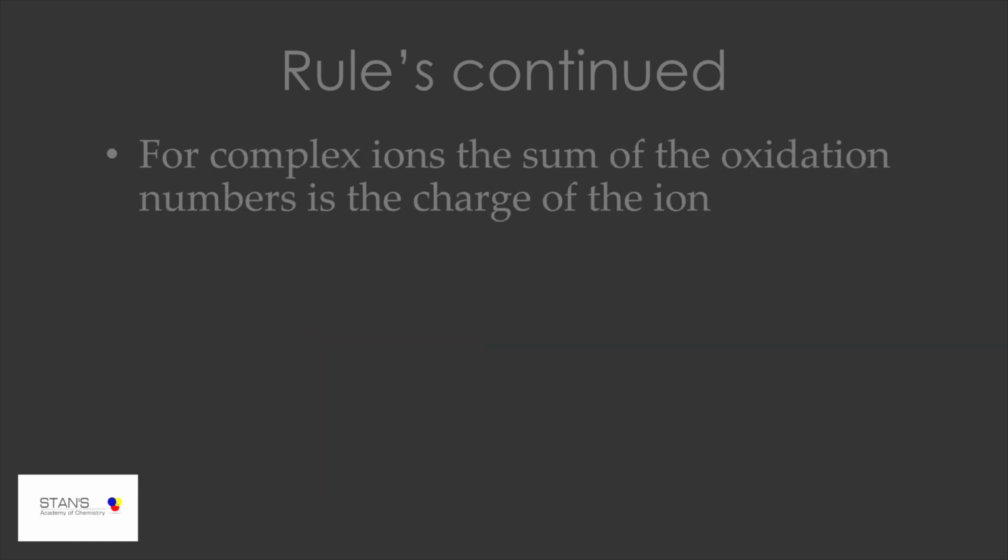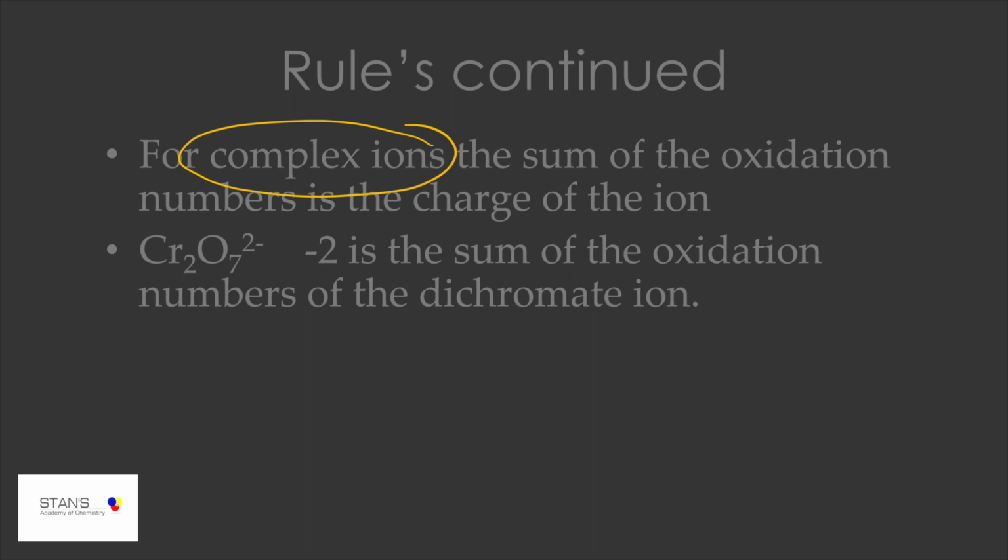For complex ions, the sum of the oxidation numbers is the charge of the ion. So we are going to look at two different situations here. We refer to something as a complex ion. The second example is more precisely a complex ion. The first example is the dichromate ion, Cr2O7 2-.